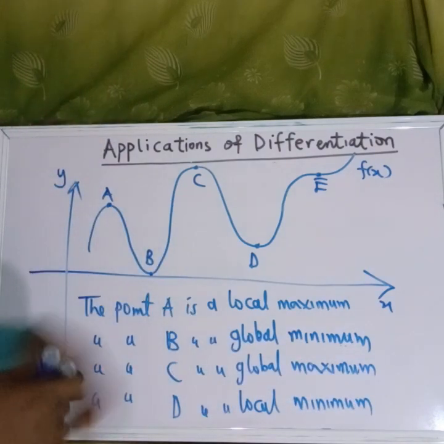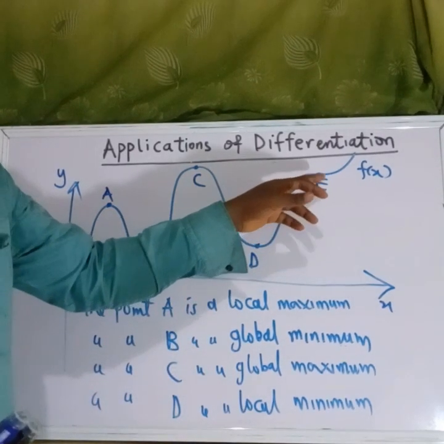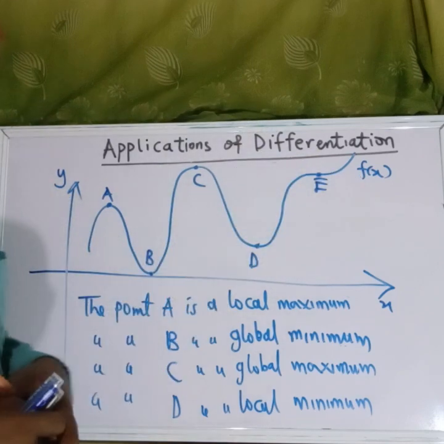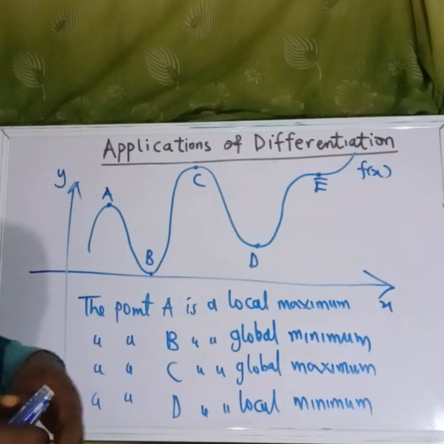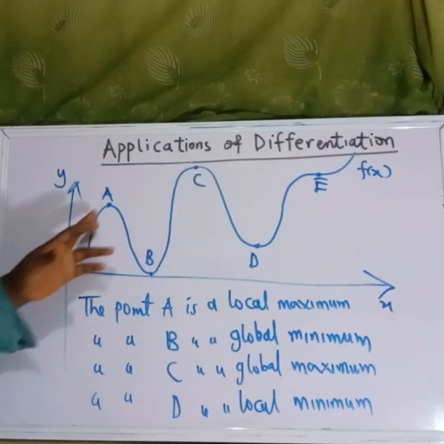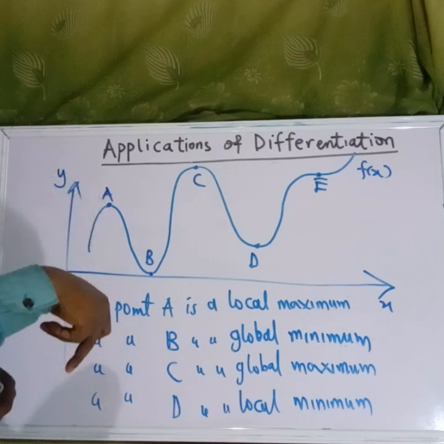Now the point E, we observe that the tangent line is almost horizontal at E. This is so because if you look at the other maximum value that we have, immediately after the point A the curve decreases.